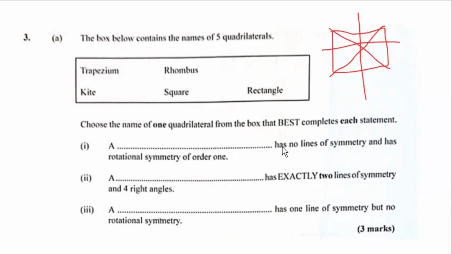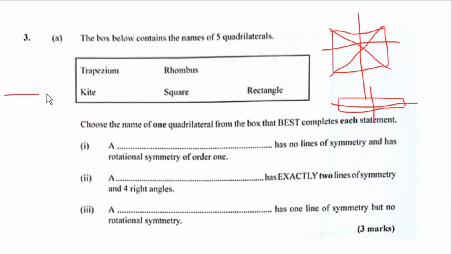So therefore, we know this one cannot be a square. The same thing for a rectangle, because a rectangle has 2 lines of symmetry. We can cut it here and get 2 perfect halves, and we can cut it here and get 2 perfect halves. Not my best drawing, but that is fine once you understand. The same thing for a rhombus.